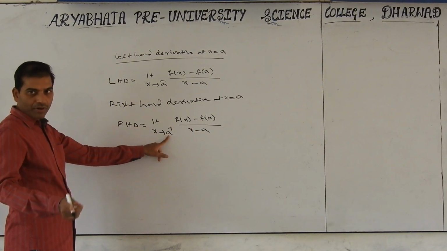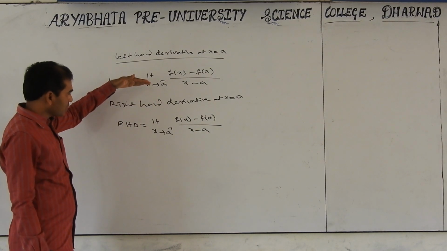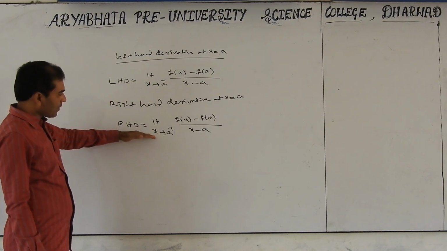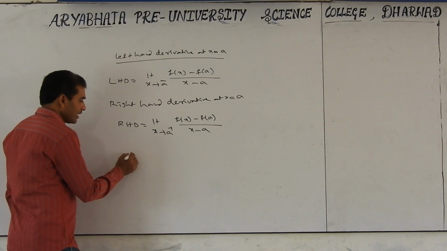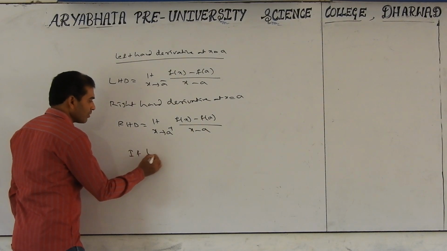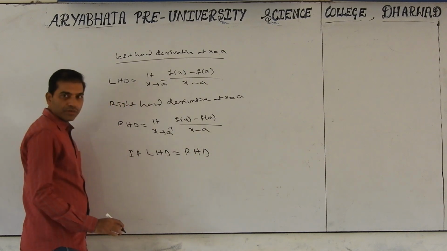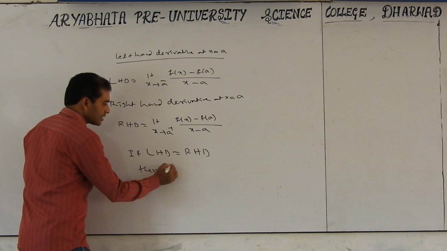Here we have the right neighborhood of a, and there the left neighborhood of a. The slope of the tangent on the left and on the right should be the same. If LHD equals RHD, then differentiation exists.